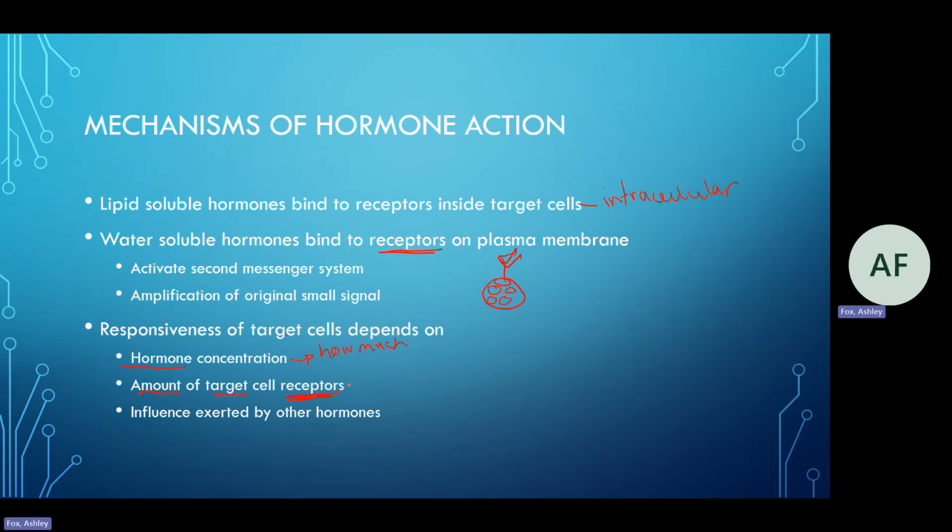You're going to have a different effect based on how many receptors you have. And the last thing is that other hormones can have an impact. We're going to talk about how some hormones are antagonistic, meaning they oppose each other's actions. Some help each other. So the response can be determined by other hormones. It just depends on each other.